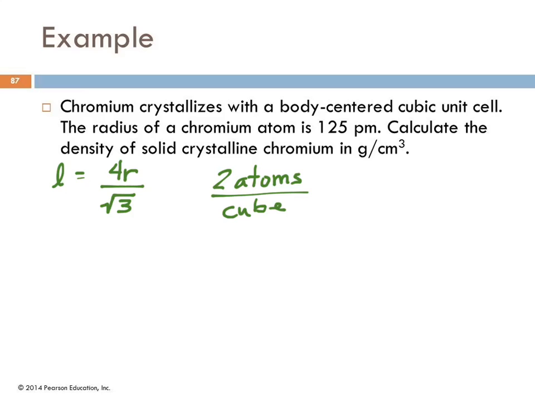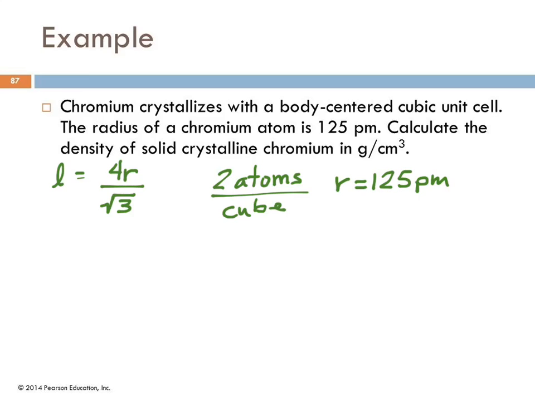And we know that the radius is 125 picometers. I would rather convert that to centimeters now before I cube it. Does that make sense? We're going to end up with cubic something meters, and we need it to be cubic centimeters. So I'd rather change this now.